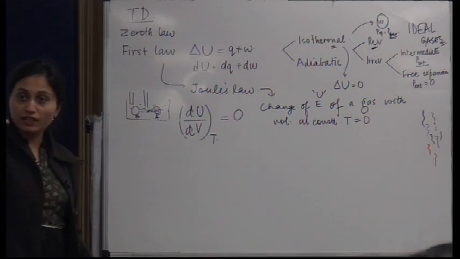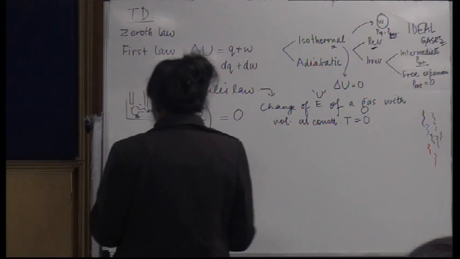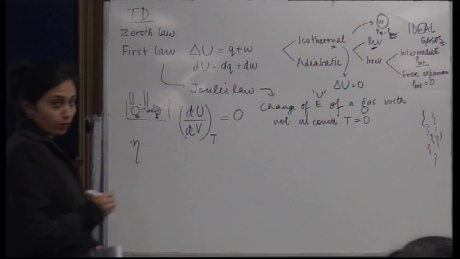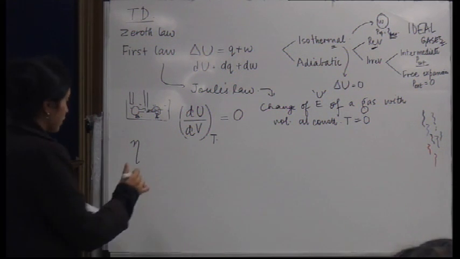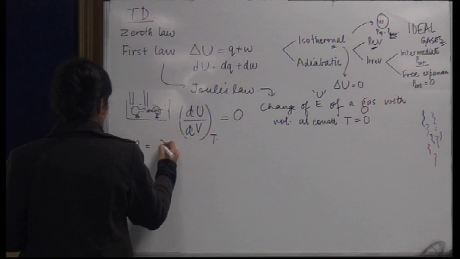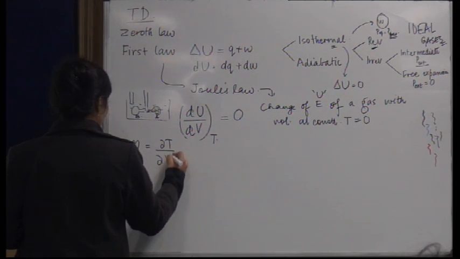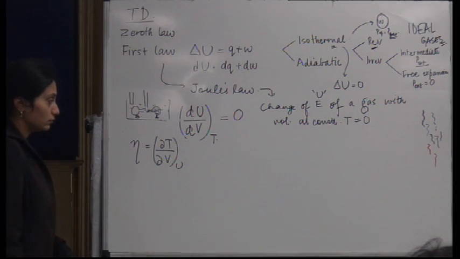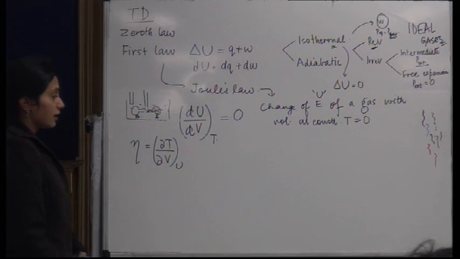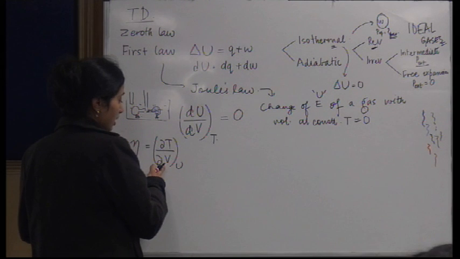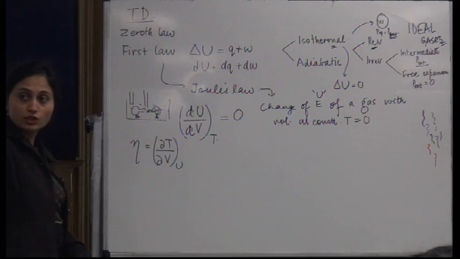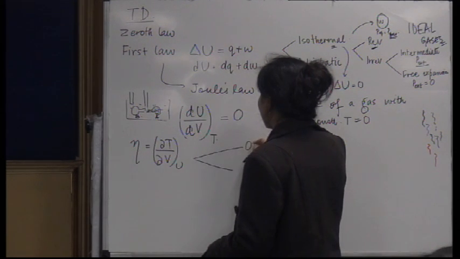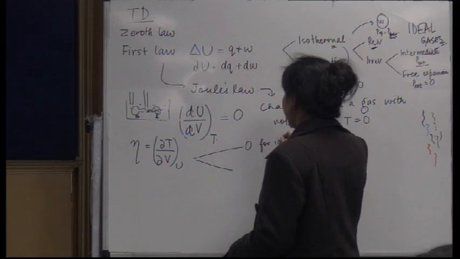Alright, from the entrance point of view you just need to know that there is a Joule's coefficient also. The Joule's coefficient is defined as the change in temperature with the change in volume at constant U. This is known as the Joule's coefficient, and remember that this is equal to 0 for an ideal gas.